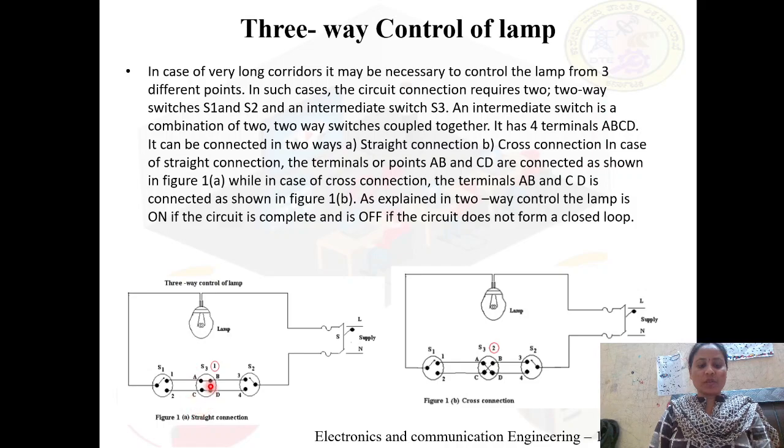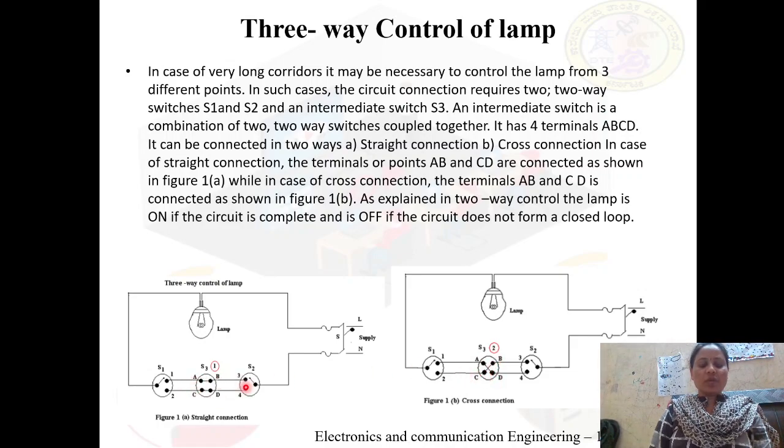Basically it operates in two modes, the straight mode and the cross connect mode. In straight mode, S3 connects A to B and C to D. In cross connect mode, S3 connects A to D and B to C.